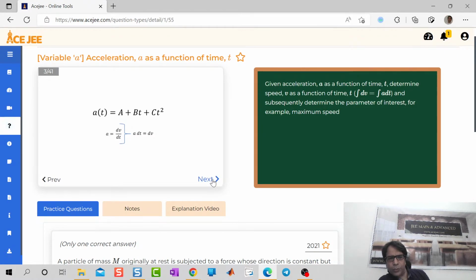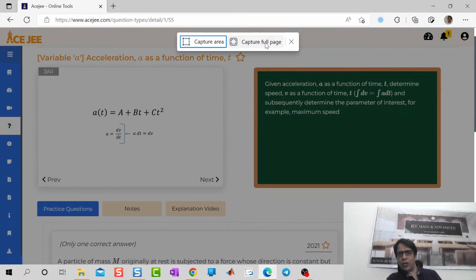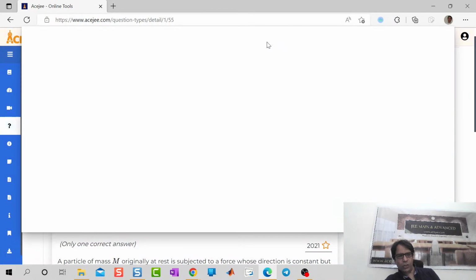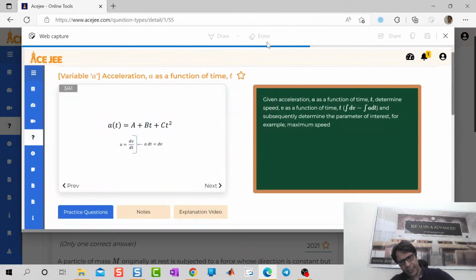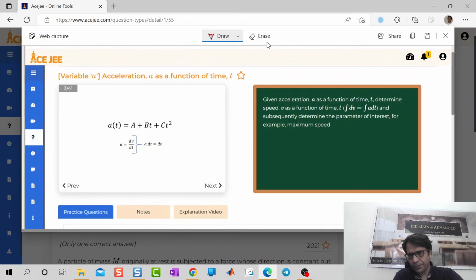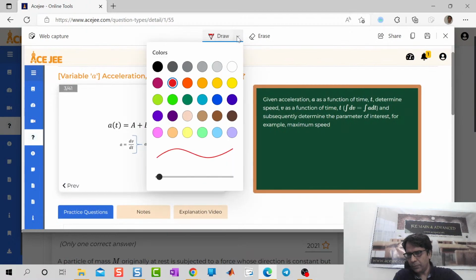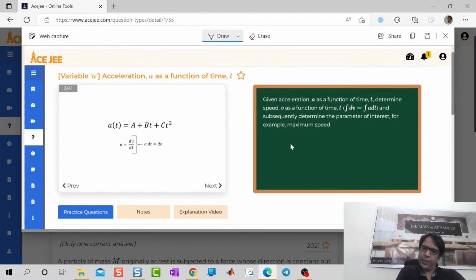So how would we approach it? If we are given the acceleration as a function of time t, then recall the definition of acceleration. a is the rate of change of velocity. a is dv by dt.